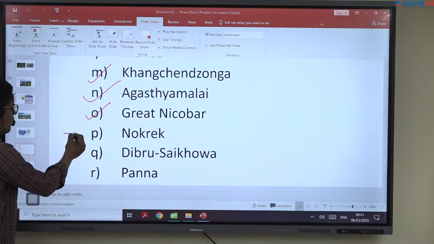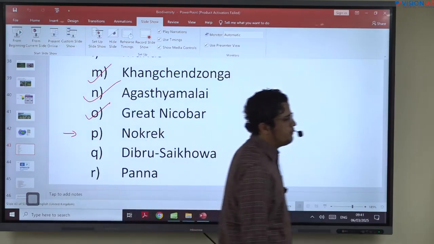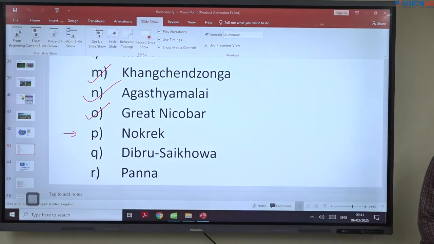Write down next. Nokrek, Meghalaya. Known for very dense forests and high rainfall.